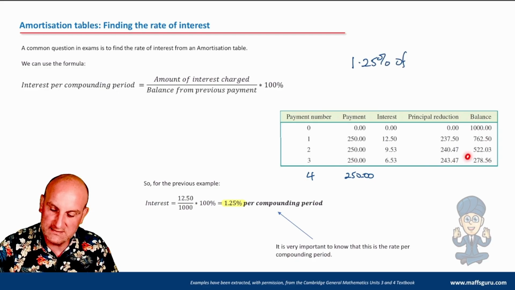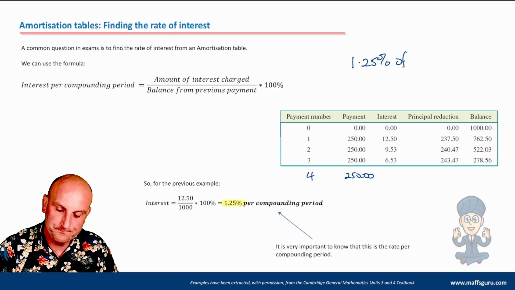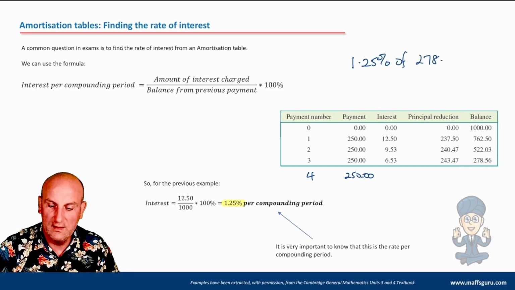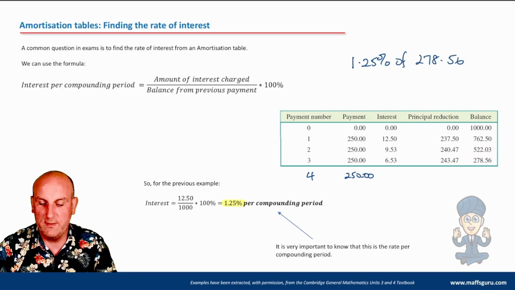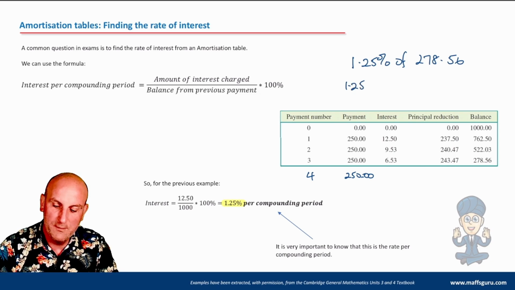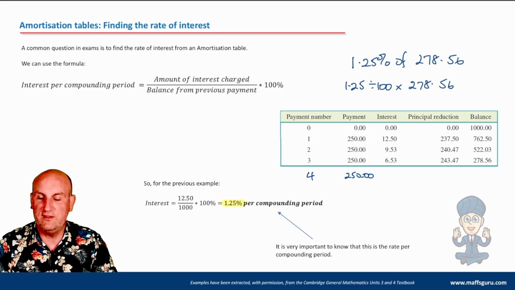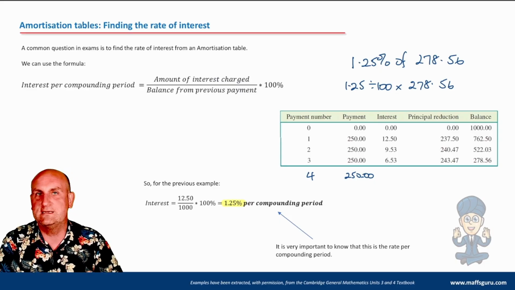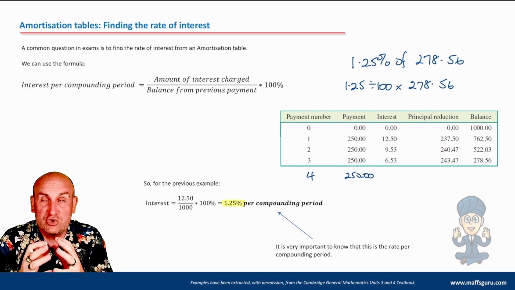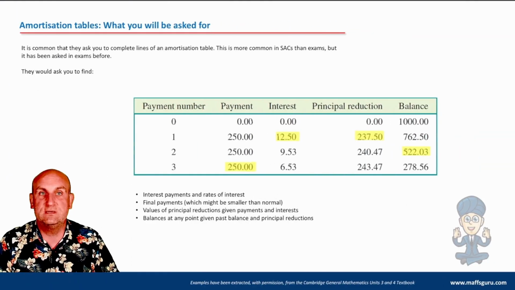And my previous balance in this situation would be $278.56. And again, if you want to remember how to do that, it's 1.25. Percent means divide by 100, of means times 278.56, and that would then give me the new rate of interest, okay? Happy with that so far? If not, stop the video, go back, watch it again, listen the whole video. It's so important you understand how amortization tables work.